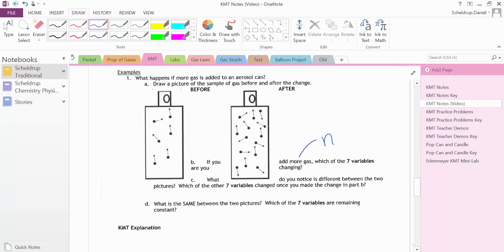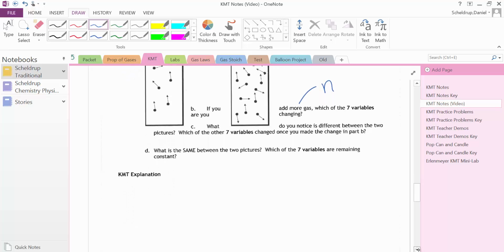Now this one asks us a series of questions and then it asks for the KMT explanation. So let's actually go through and do this. In the space provided, it says give the KMT explanation. I always like to touch on the container type first because that often dictates how the other variables are going to interact. If we're talking about a spray paint can, that's a closed container, unless it says we have our finger on the nozzle on the top and it's releasing gas.